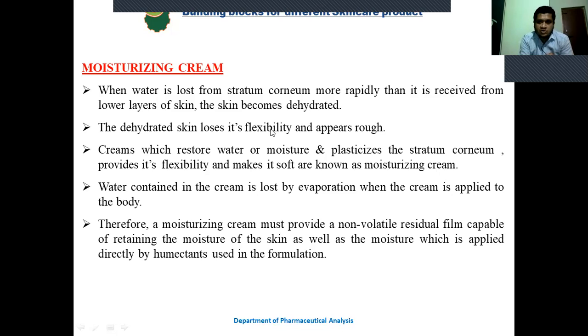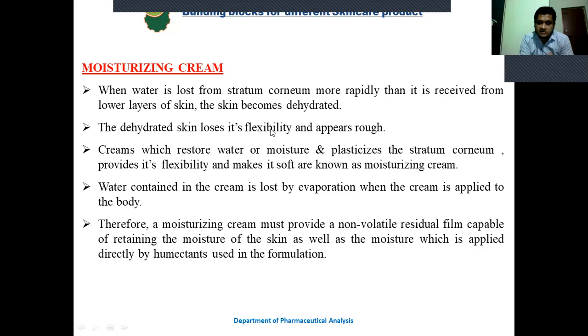Because in the dry season, the water which is present in the stratum corneum, the upper layer, the first layer of the skin, is lost. We know that the layers of the skin are epidermis, dermis, and then subcutaneous.